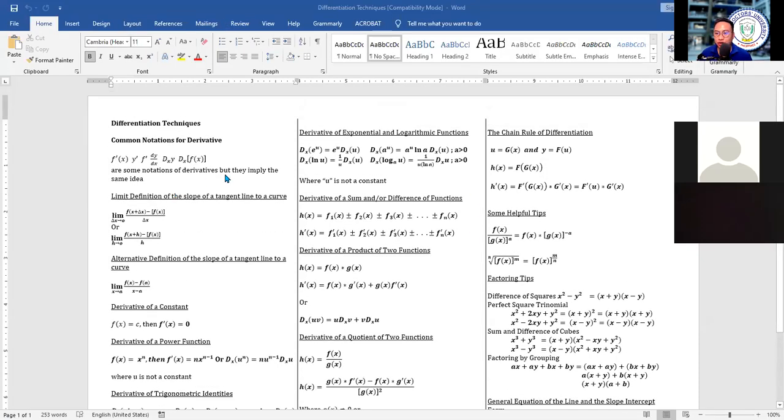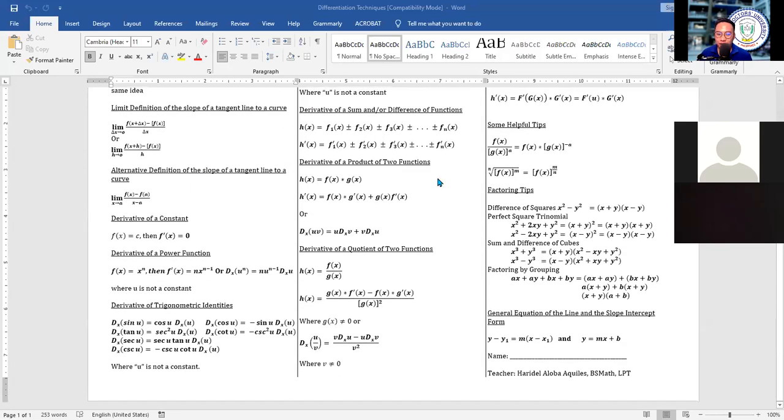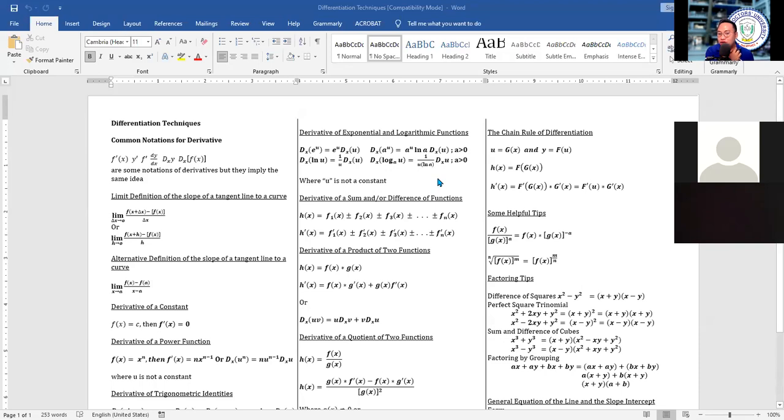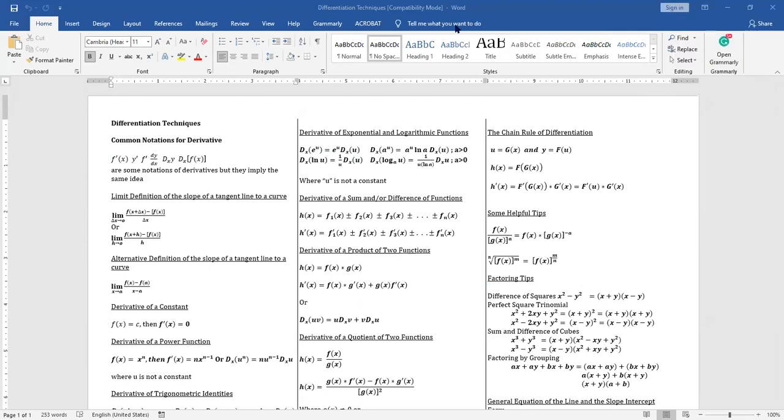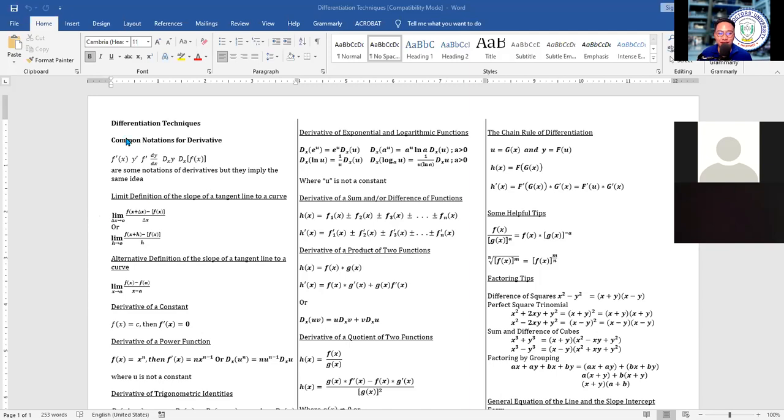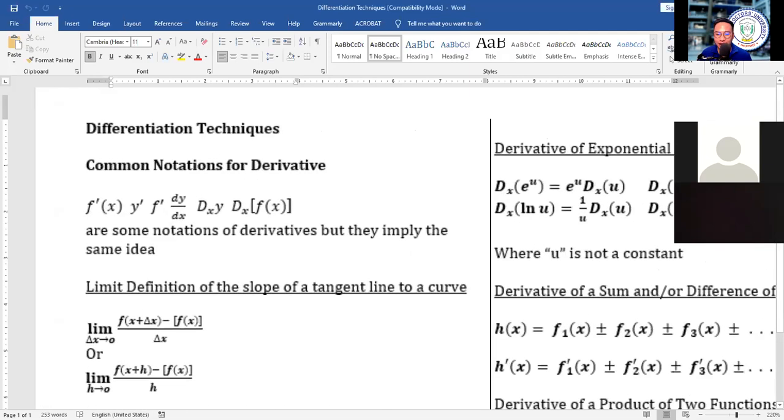I'm going to send this in our GC, guys. I created this when I was in UC. So my students are all provided with formulas that I have been using since I was born. Just kidding, since I was born. So these are the common formulas that we can use in getting the derivatives, guys.